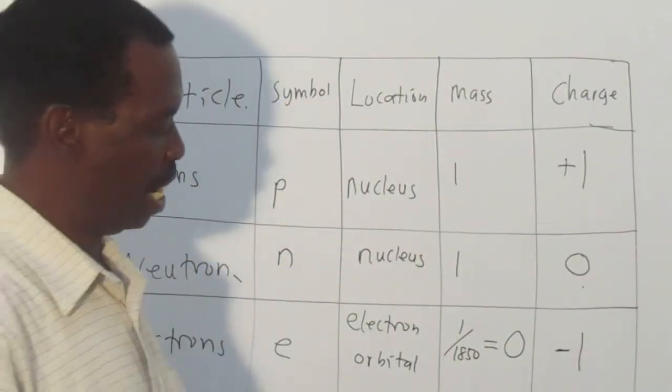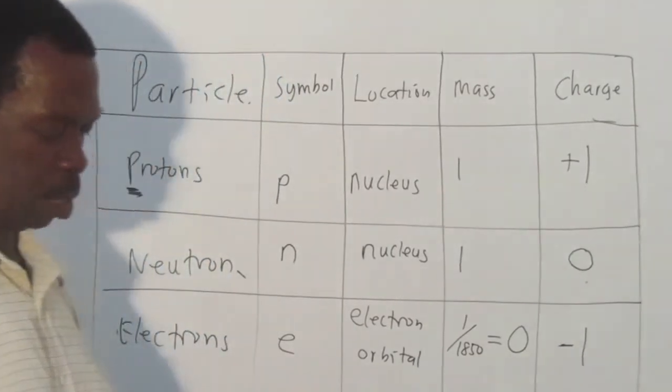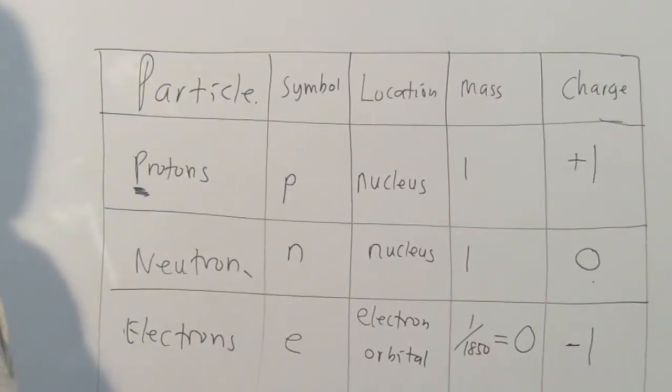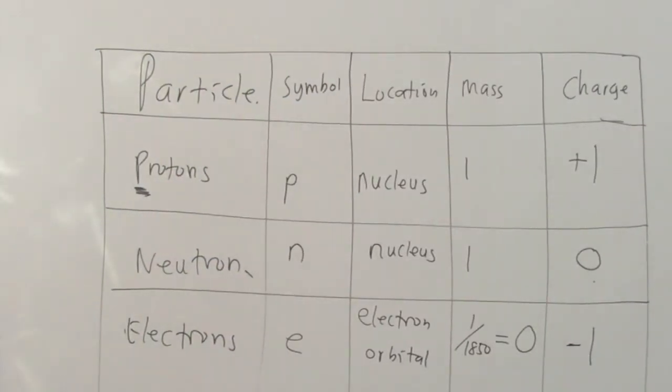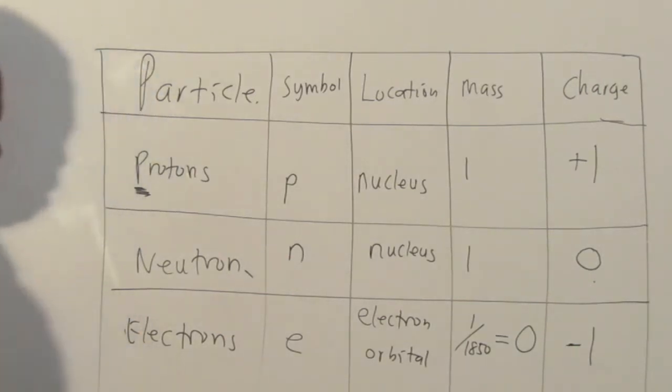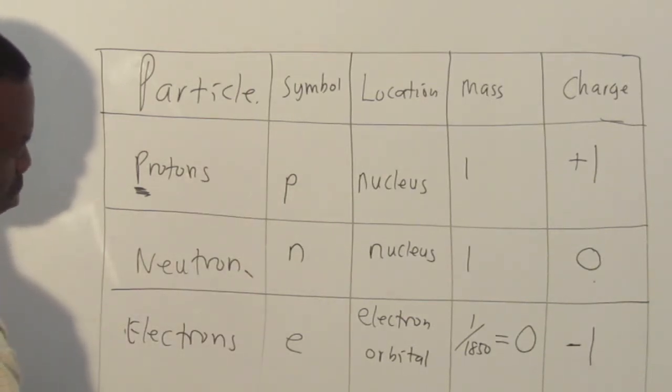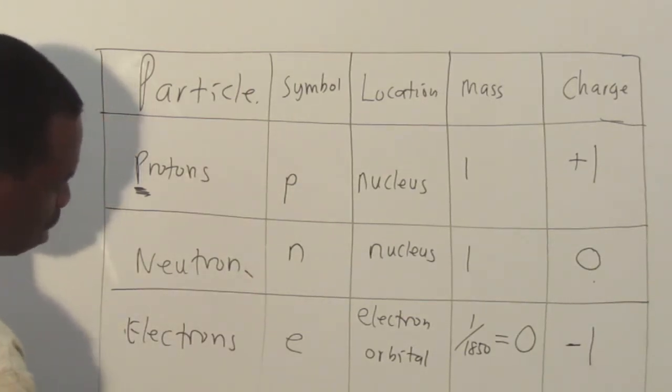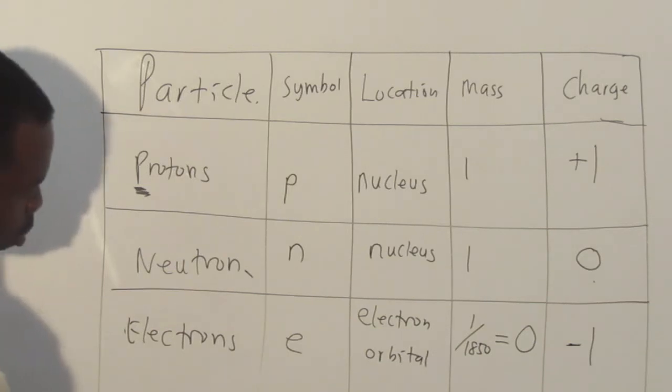Now, these are very, very important, because when you look now at the periodic table, you'll be able to know the symbols of the atoms. For example, I want to talk about sodium, the symbol for that is this, and these numbers will tell us that this is 23, this is 11. When you subtract, it will come to 12.